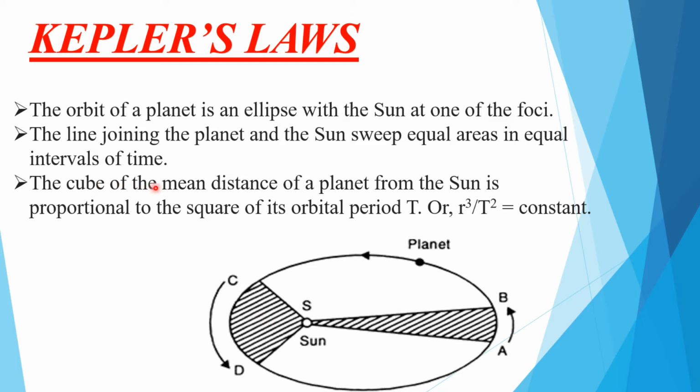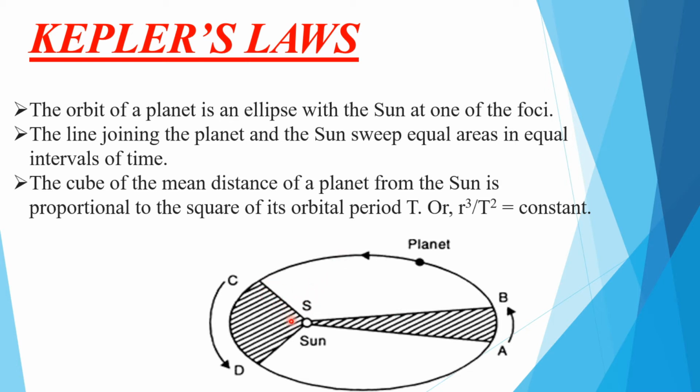The third law states that the cube of the mean distance of the planet from the sun is proportional to the square of its orbital period, that is capital T. So the mean distance, that means the distance from the planet, where the sun is at S, so SA will be equal to R1, SB will be equal to R2, like that if we consider all the radii.